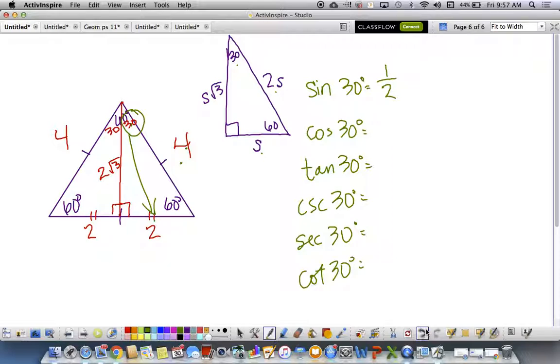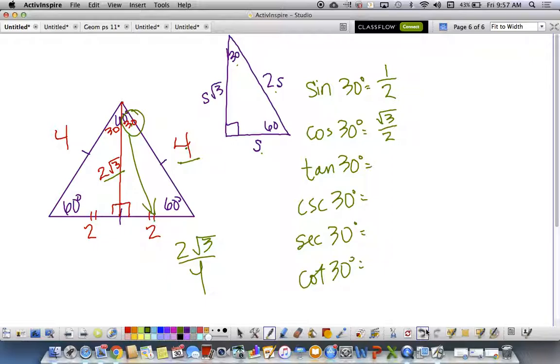What is cosine 30? Adjacent over hypotenuse. Square root of 3 over 2. Why is nobody telling me 2 square root of 3 over 4? Are you going to leave a fraction as 2/4?